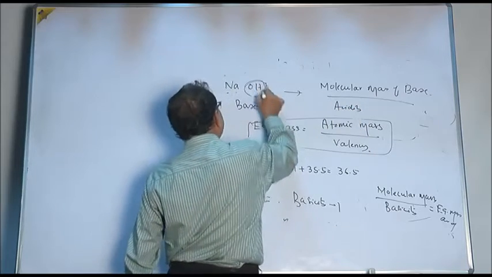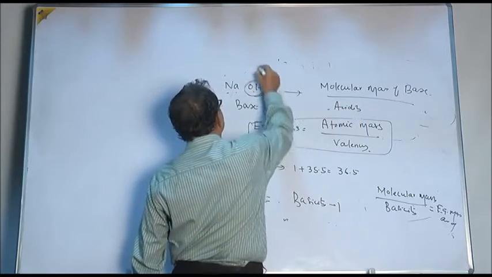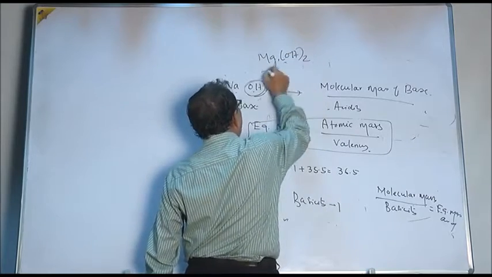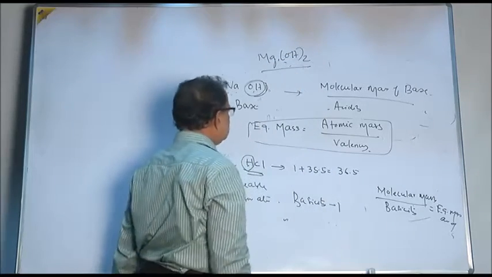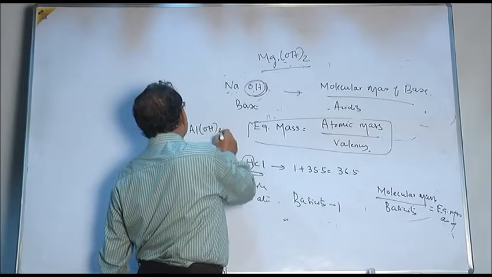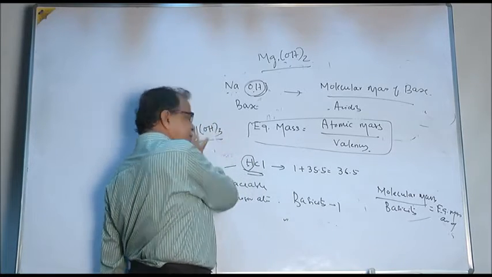Here acidity is 1. Suppose Mg(OH)2, what will the equivalent mass be? The total mass by 2. For aluminum hydroxide, the total molecular mass by 3.